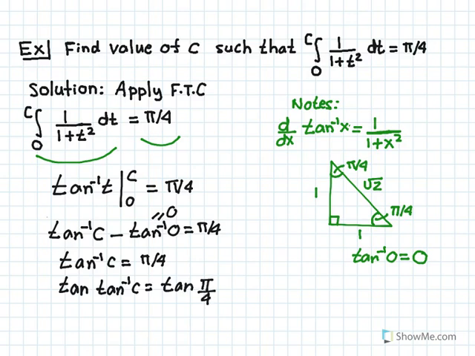Now it is clear that tangent and inverse tan are inverse functions, so we're going to get a cancellation. And we're left with c is equal to tangent of pi over 4. What is tangent of pi over 4? From the diagram, we can see that tangent of pi over 4 is opposite over adjacent. That's 1 over 1. So tangent of pi over 4 is 1. So the value of c is equal to 1.